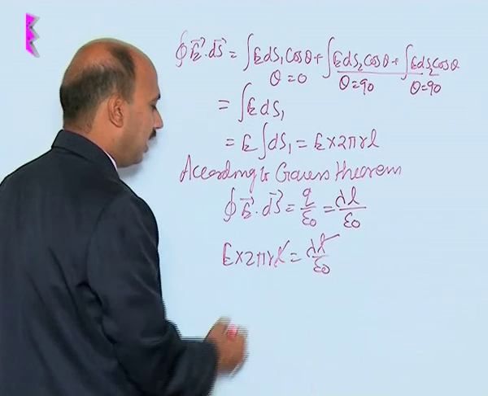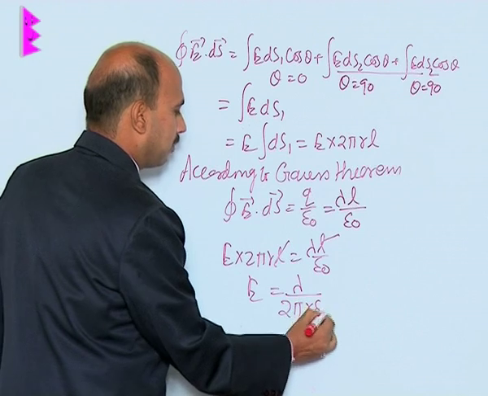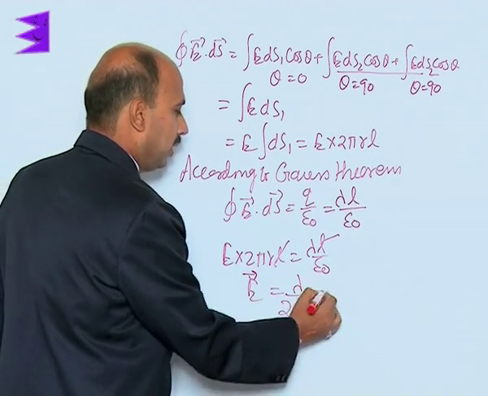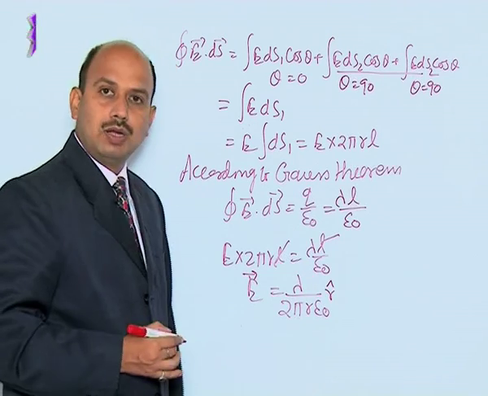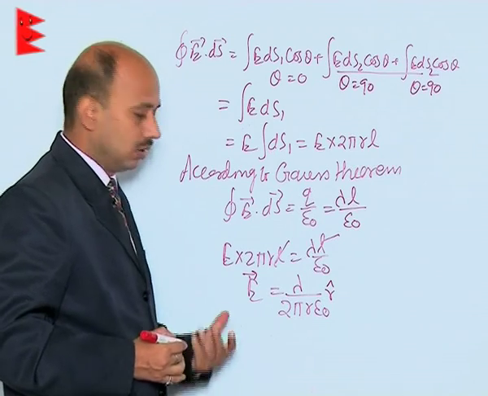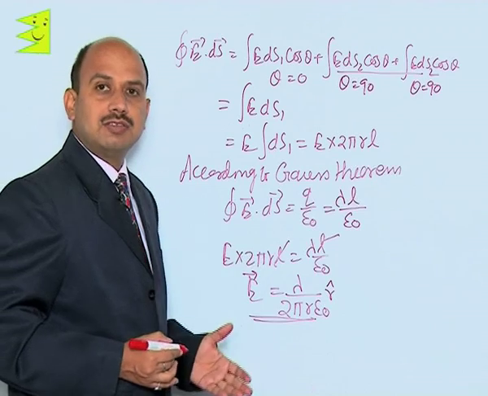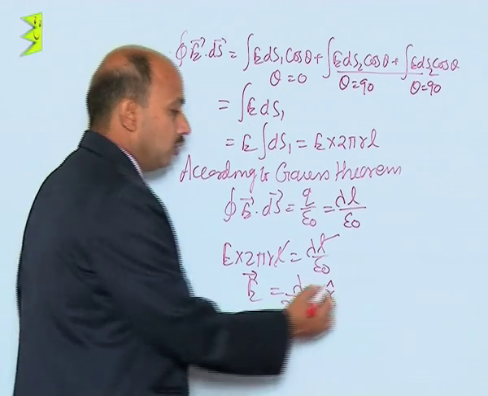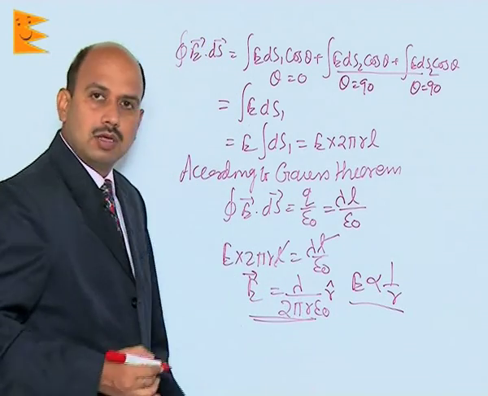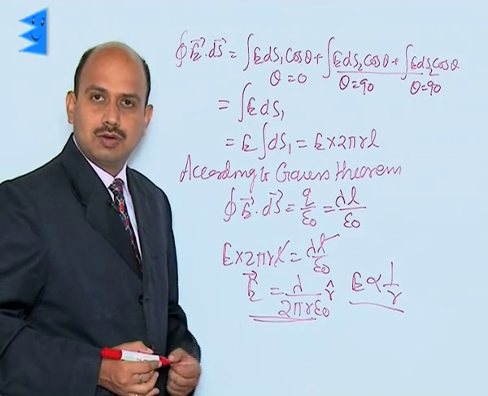L and L get cancelled, so E is equal to lambda upon 2 pi r epsilon naught. We can also take the vector form with the r unit vector, which is outward if it is a positive charge, and inward if it is a negative charge. This is the electric field intensity due to linear charge distribution at a distance r. So E is inversely proportional to r. By using Gauss theorem we have calculated the electric field intensity here.